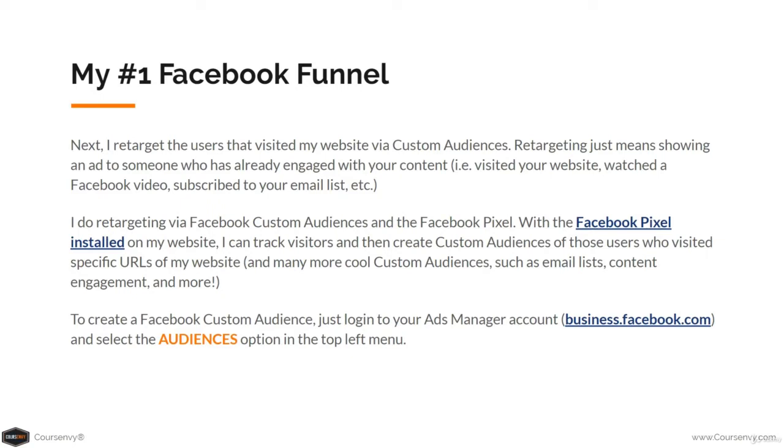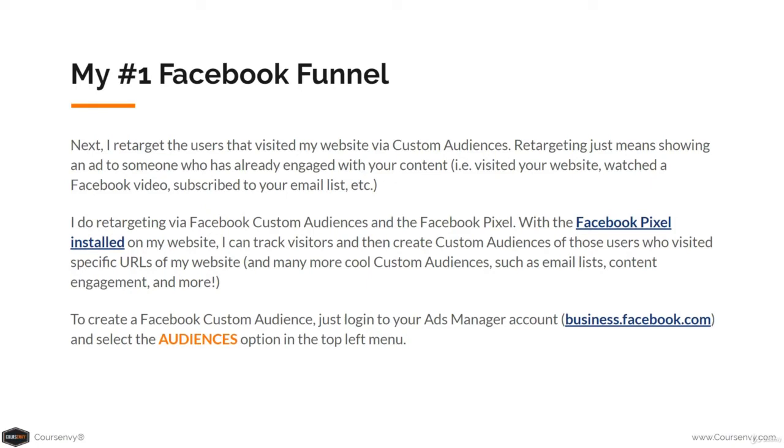With the Facebook Pixel installed on my website, I can track visitors and then create custom audiences of those users who visited specific URLs on my website. I can also make many more cool custom audiences such as email list, content engagement. We'll delve deeper into this later.